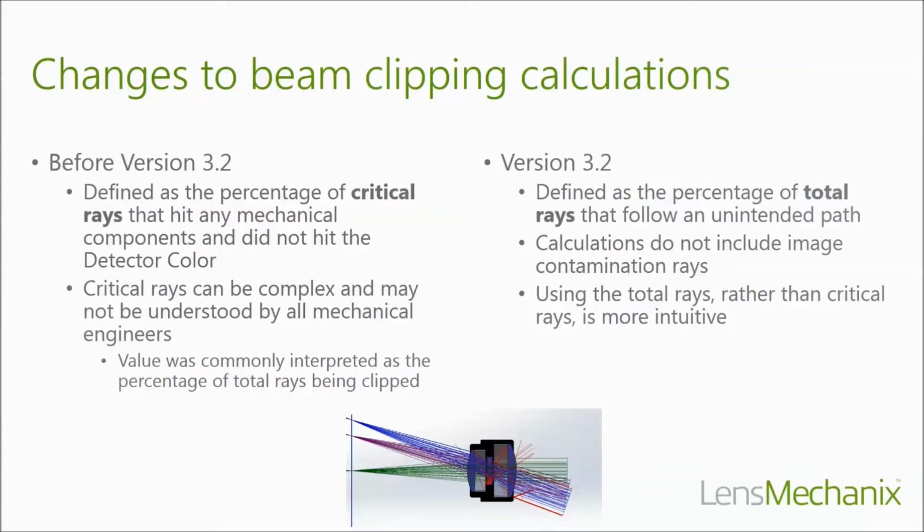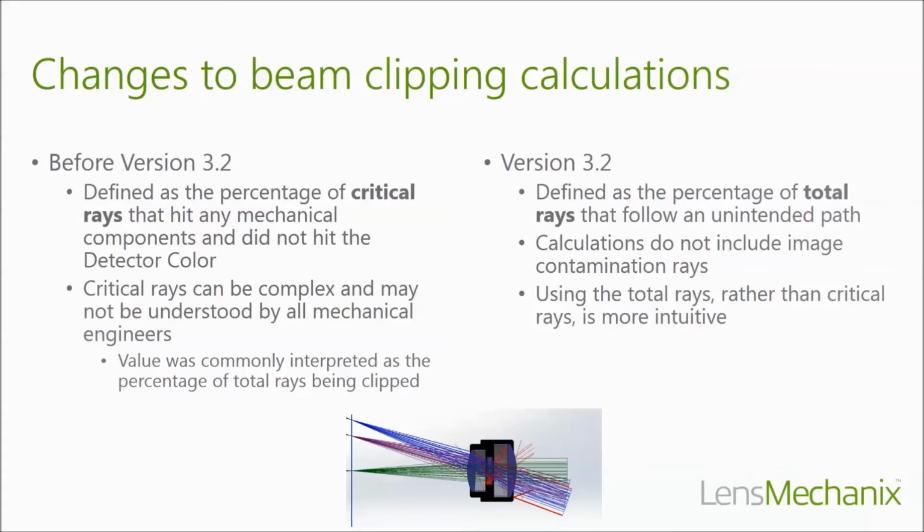And additionally, the value was commonly misinterpreted. So many users thought that it was actually the total percentage of rays, when it's actually just a fraction. So it's going to be a more direct measurement. In version 3.2 and future versions, we are defining the beam clipping as the percentage of total rays that follow an unintended path.